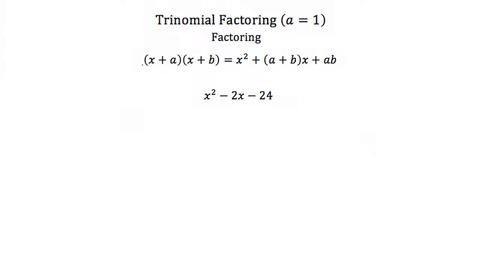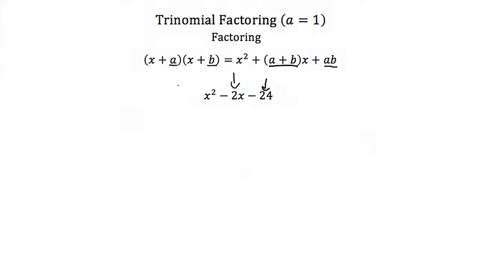If we have two factors, x plus a and x plus b, then our trinomial, the constant term, is going to be those two numbers multiplied together. So we're going to need two numbers that multiply together to get us negative 24. And those same numbers, when added together, have to give us negative 2.